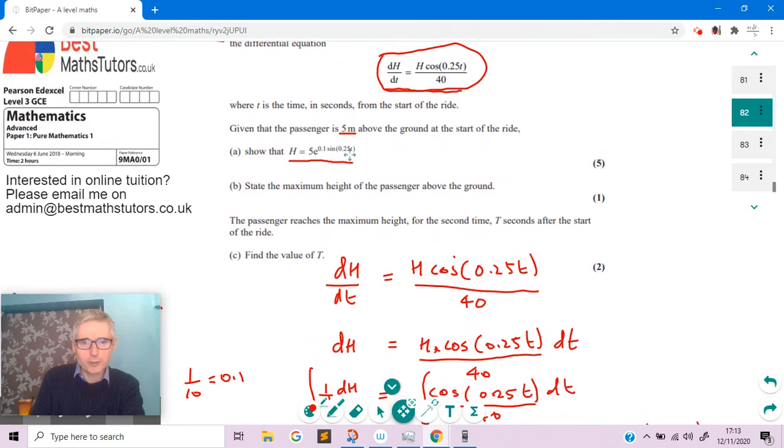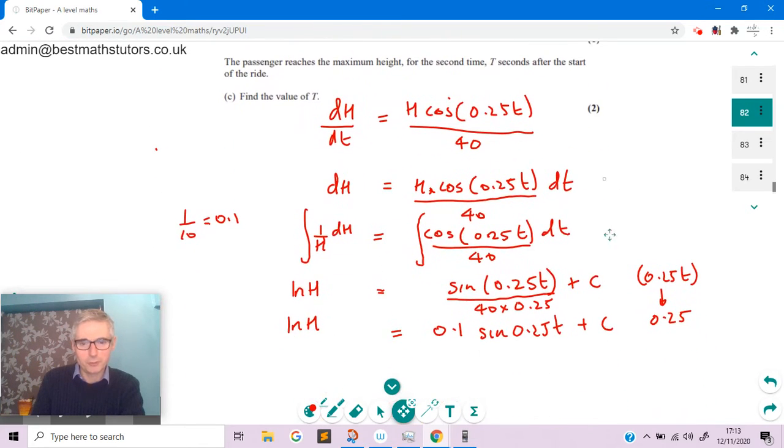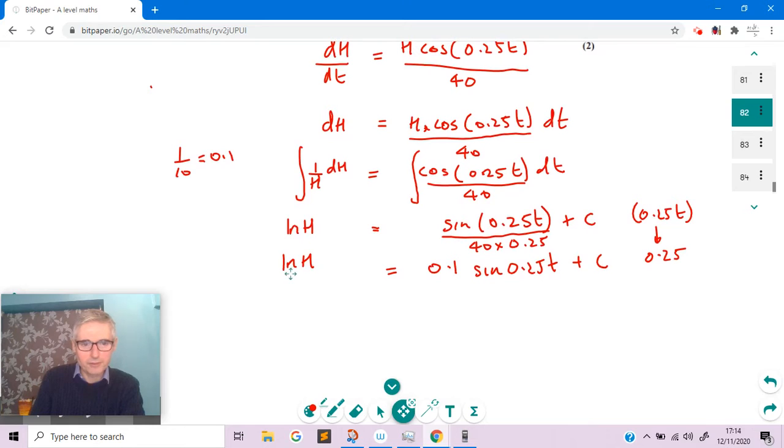We want it in this form where h is equal to 5 times e to this power. So what we need to do is get rid of the natural log. The way we can deal with that is to make both sides powers of e, just doing the same thing to both sides as we can with equations. Then the e and the log will cancel, giving me h on that side, and I end up with e to this power.